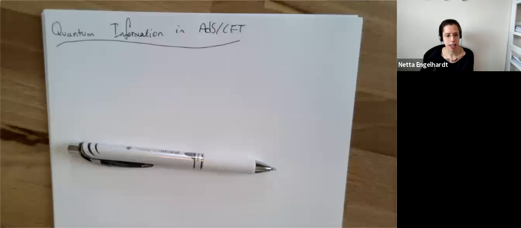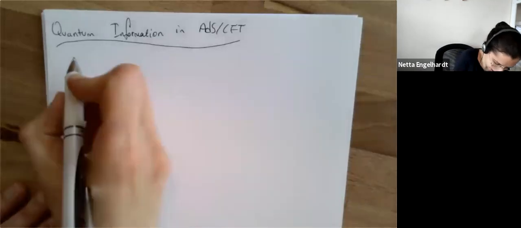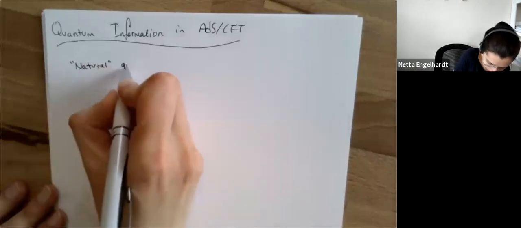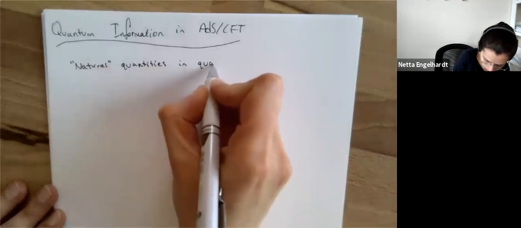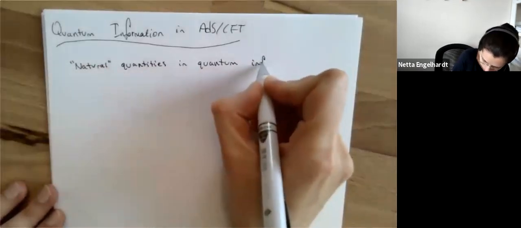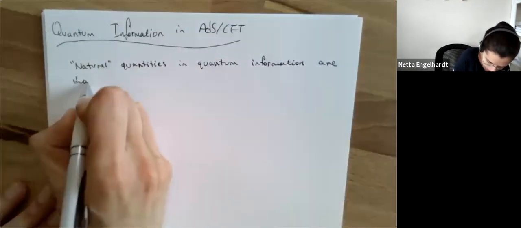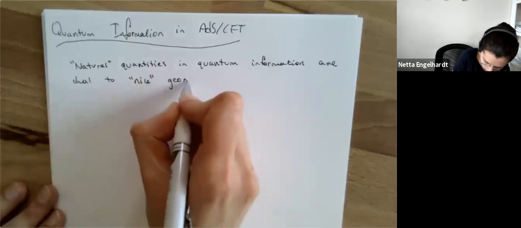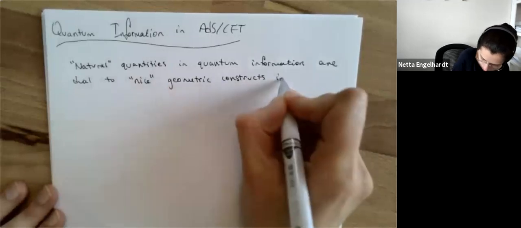And I would say the general viewpoint of this course and this topic in general is predicated on the very vague idea that natural quantities, whatever that means, in quantum information are dual to nice, again whatever that means, geometric constructs in the bulk.